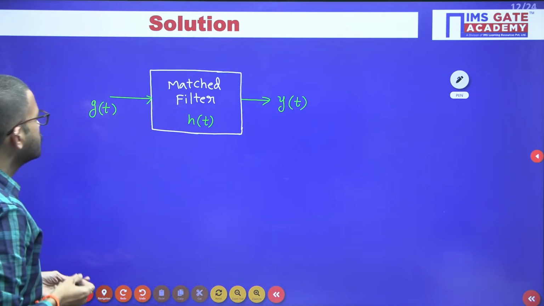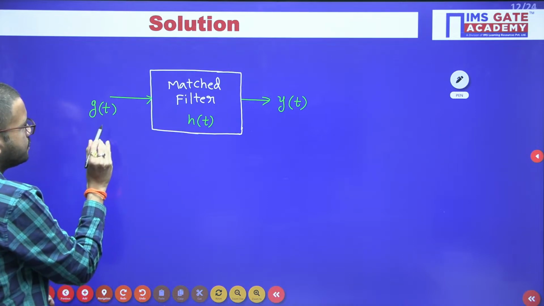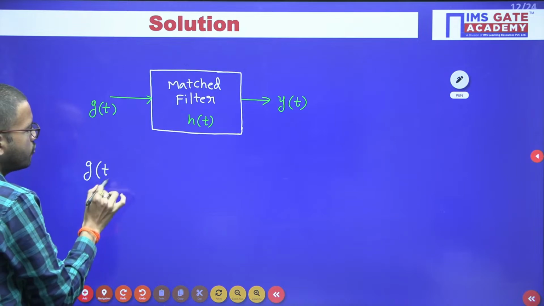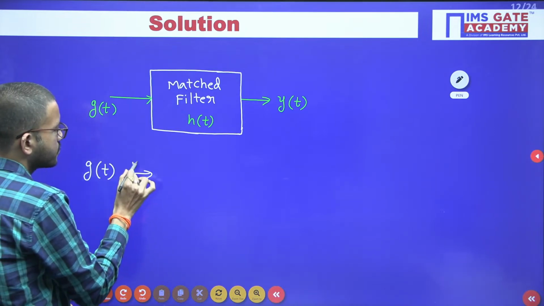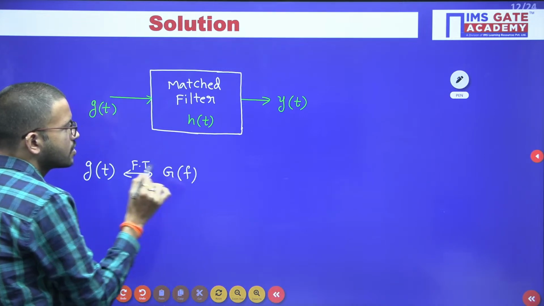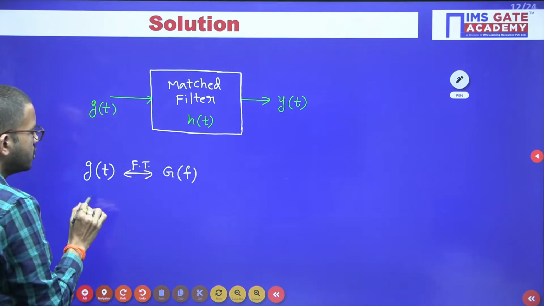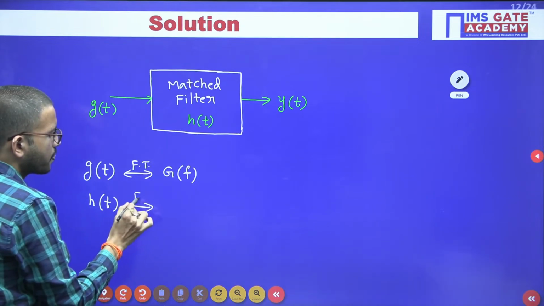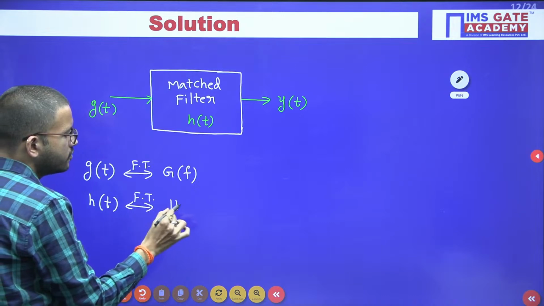Okay. So here for g of t, if you apply Fourier transform, you will get g of f. Similarly, for h of t, if you apply Fourier transform, you will get h of f.